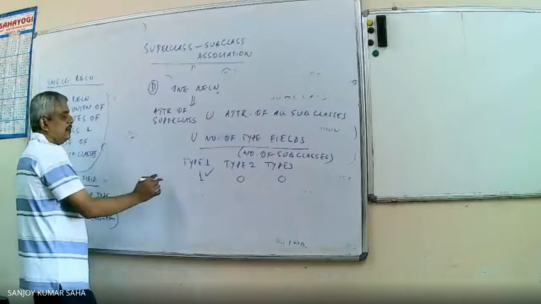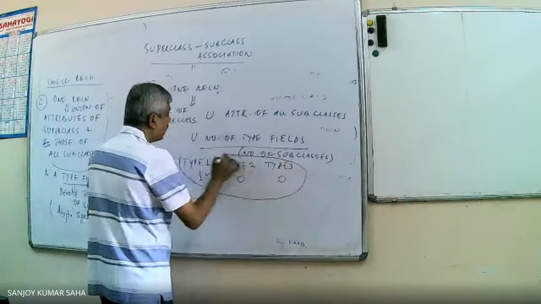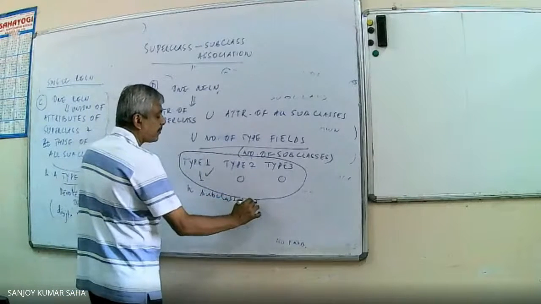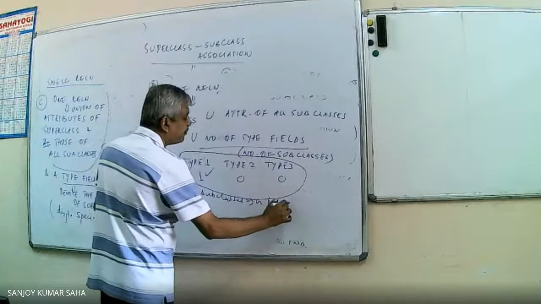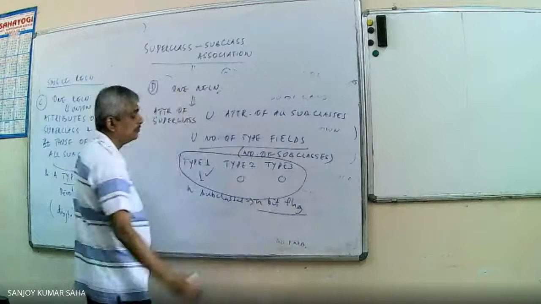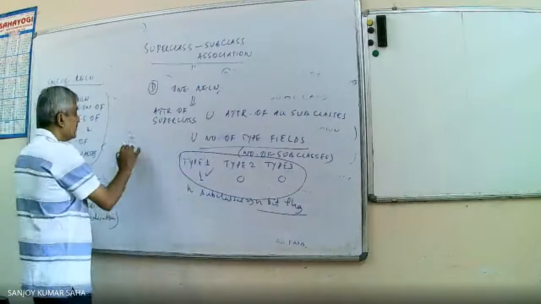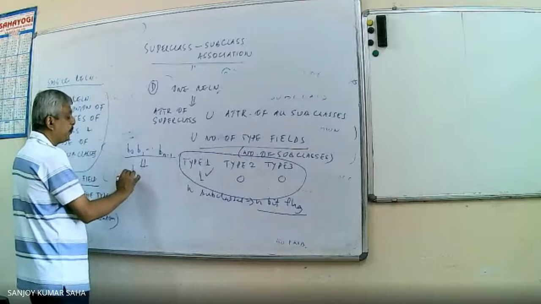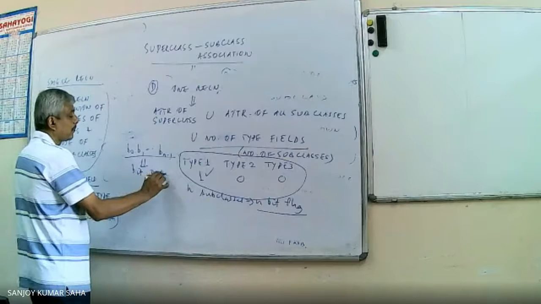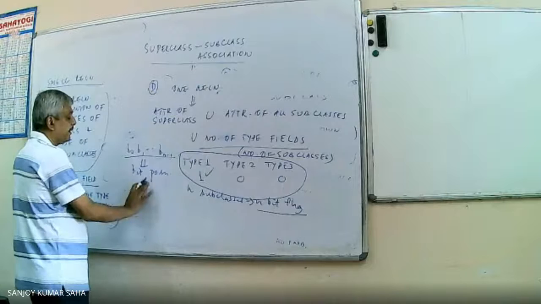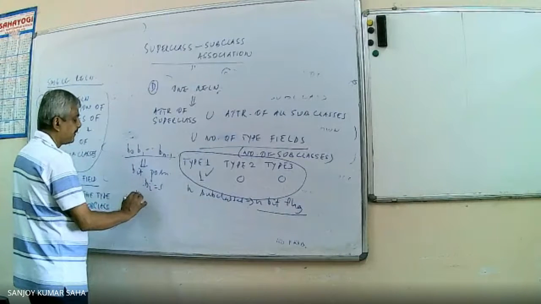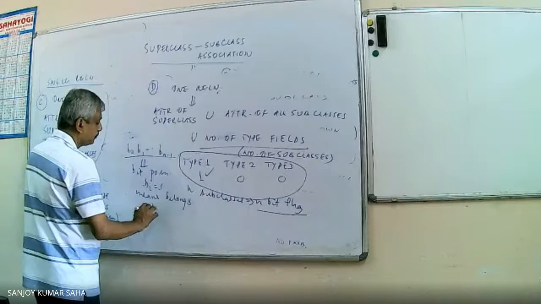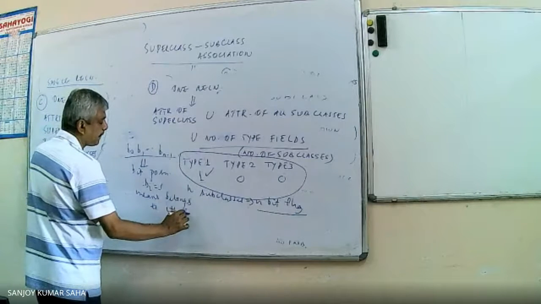So instead of this type field, if there are n subclasses, then we may consider an n-bit flag. Say bit 0, bit 1, up to bit n minus 1. If bi equals 1, it means it belongs to the ith subclass.